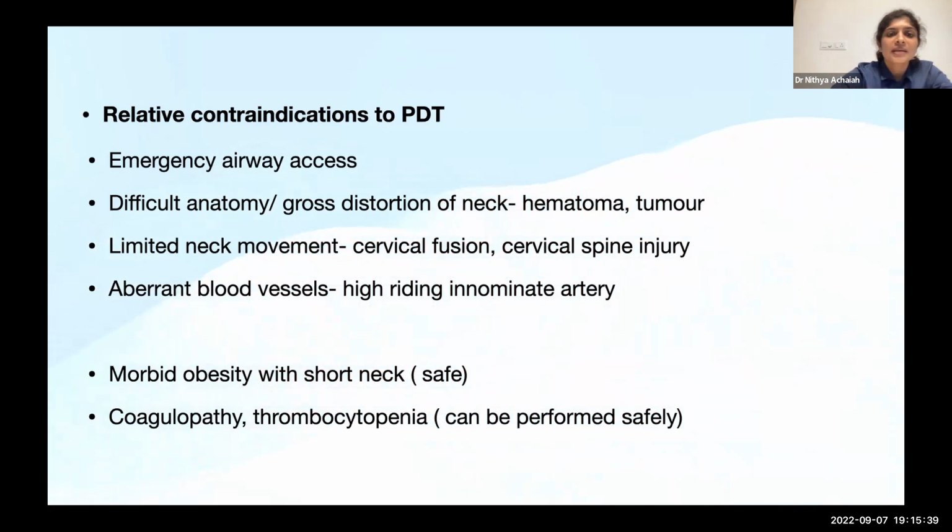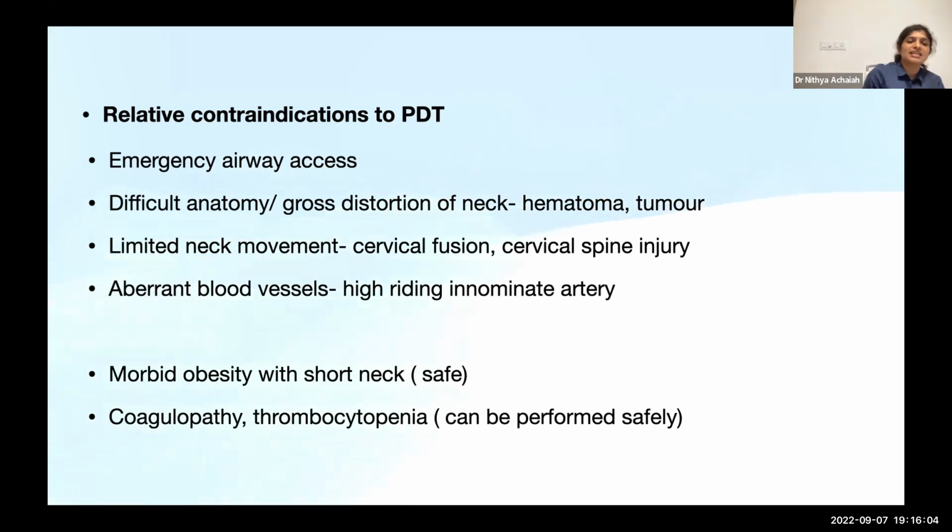And in patients with difficult anatomy, if the neck is distorted, or there's a hematoma or large tumor, then sometimes the percutaneous technique may not be feasible. If there is limited neck movement, like cervical fusion and cervical spine injury, again, this is a relative contraindication. And aberrant vessels in front of the neck, especially a high riding innominate artery, is a relative contraindication.